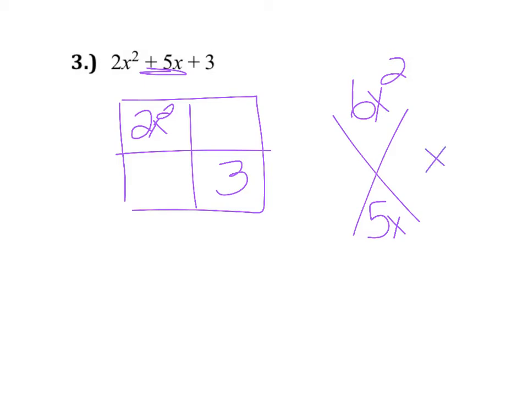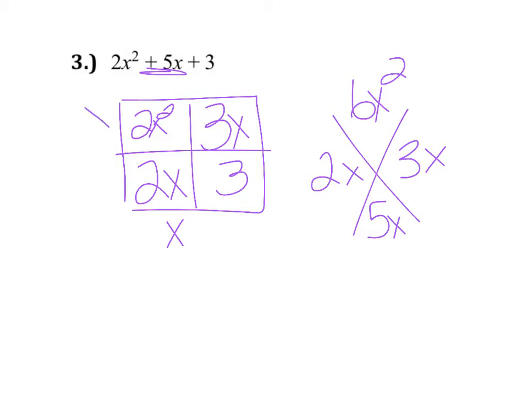So now we have a diamond problem where we need two numbers that multiply to give us 6x squared, but add to give us 5x. So you can think about what multiplies to give you 6, and which of those would add to give you 5. So we're left with a 2x and a 3x. We're going to plug them in. Again, order doesn't matter, so you could have these reversed. And then we're going to fill out the outside.